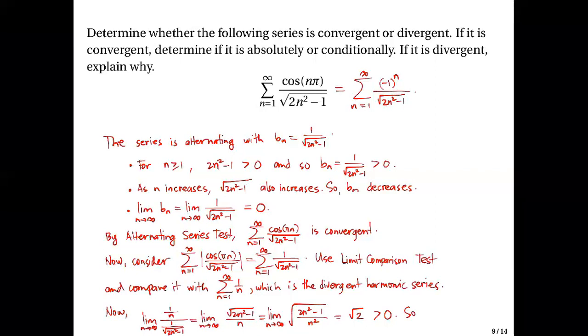So, the series of absolute value of cosine of pi n over square root of 2n squared minus 1, from 1 to plus infinity, is divergent. So let me put it here.